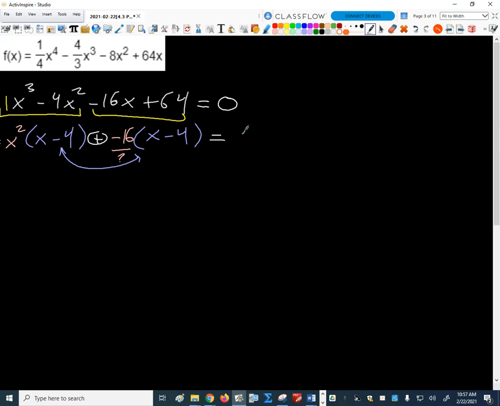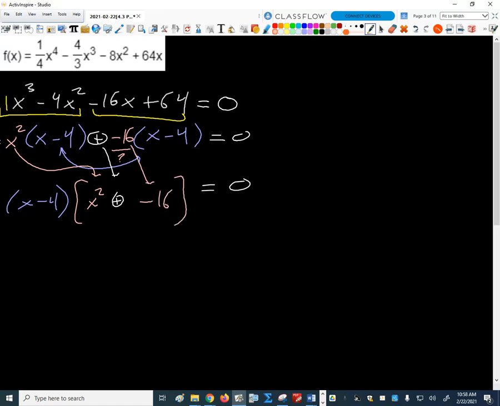I guess I should be doing this, right? These are always equal to 0. So I'm going to factor out my x minus 4, and what's left behind? Well, I've got my x squared plus negative 16, right?